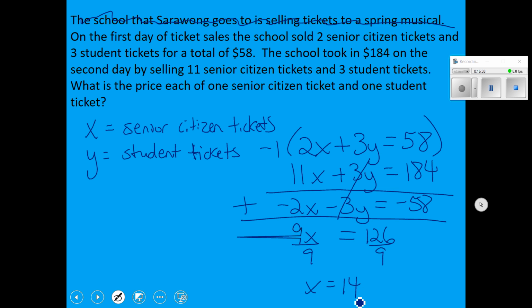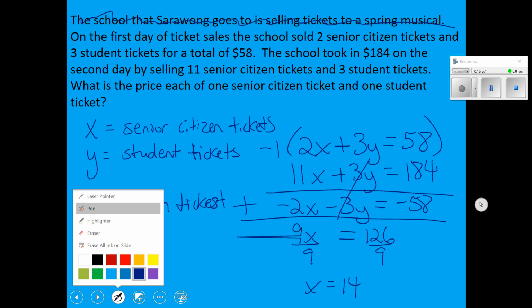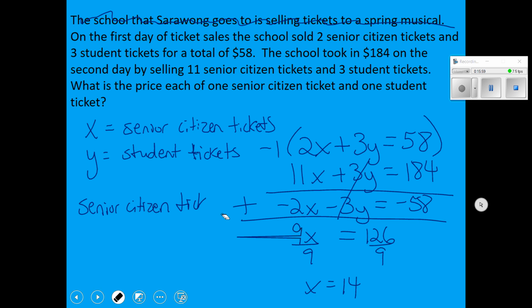Now we need to understand what that means. 14 what? That is the cost. So please make sure you include that. So senior citizen tickets are $14.